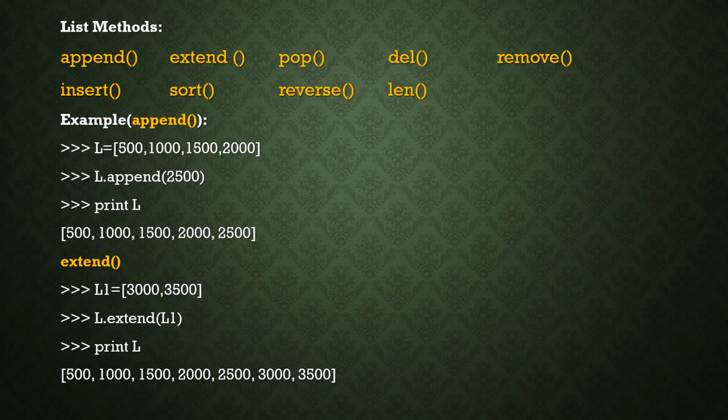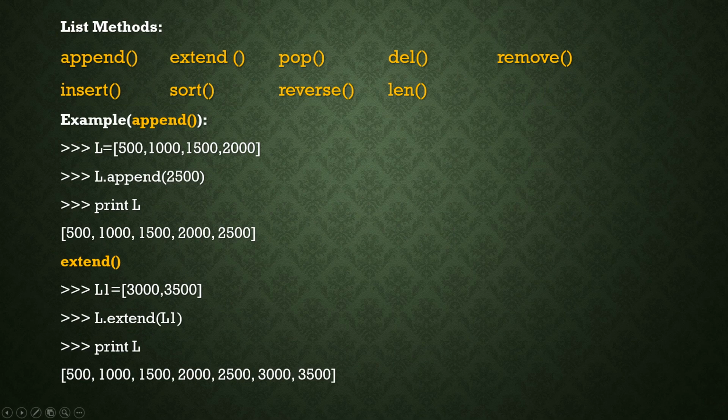L dot append 2500. That will be added as the last element to the list. Print L will display 2500 appended to the end.